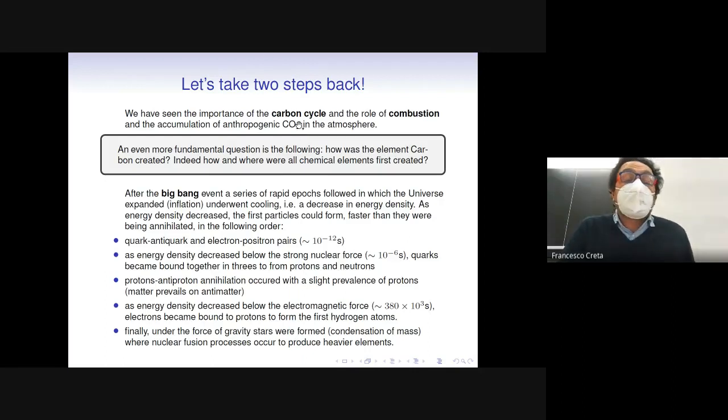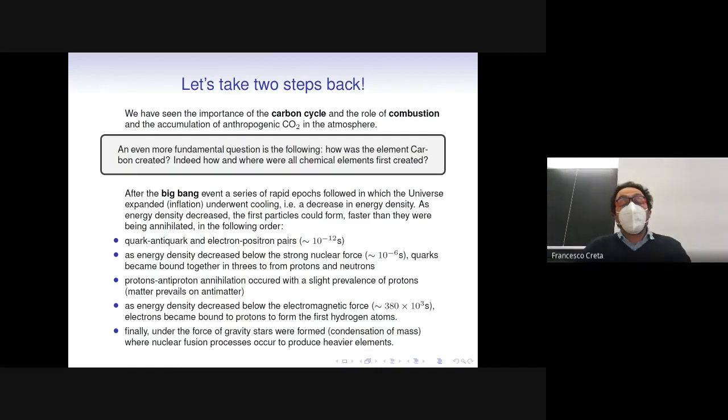Although we've seen the carbon cycle and the role of combustion and the anthropogenic CO2 in the atmosphere, we should answer a more fundamental question, which is the following: how was the element carbon created? I mean, who put it there? Why is carbon even present on Earth?